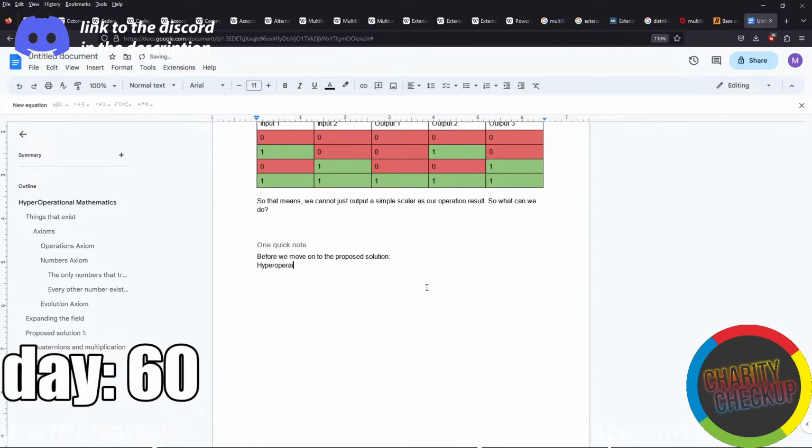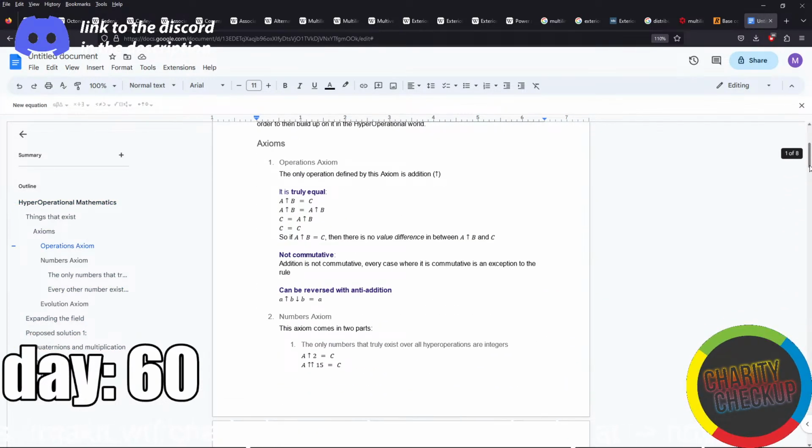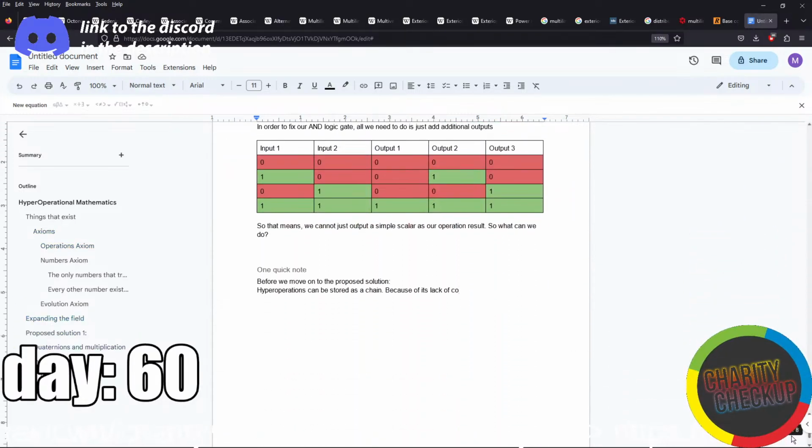Hyperoperations can be stored as a chain because of its lack of, my goodness, I keep forgetting that, which is weird, I've written that word 7 million times. Commutativity. I'm bad at spelling commutativity.